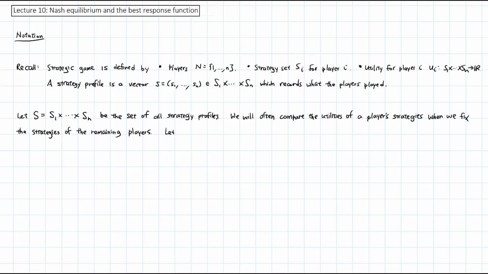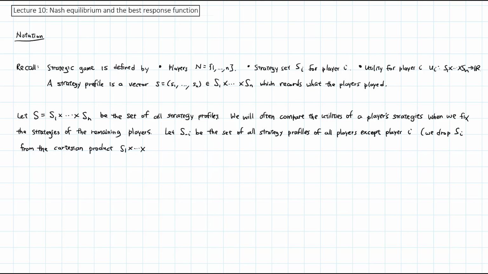Let capital S sub minus i be the set of all strategy profiles of all the players except player i. Essentially, we are dropping Si from the Cartesian product. If S is a strategy profile, then the profile obtained from S by dropping Si is denoted by S sub minus i.